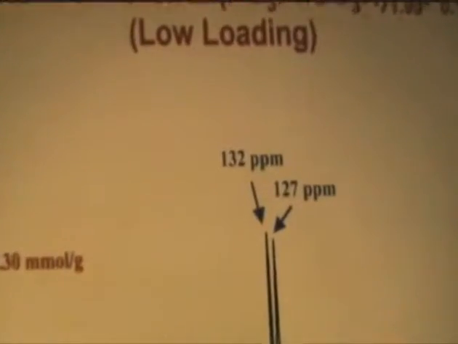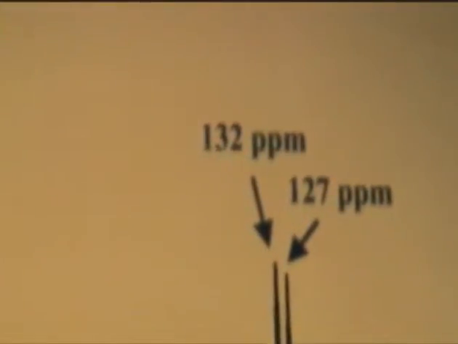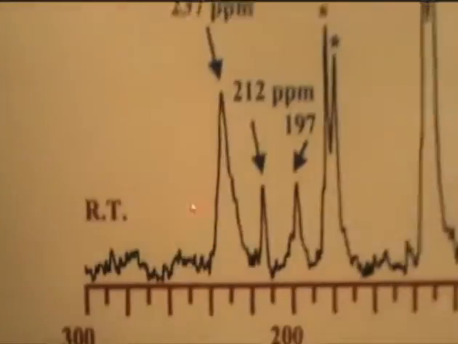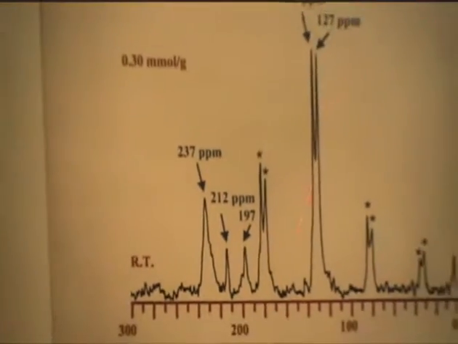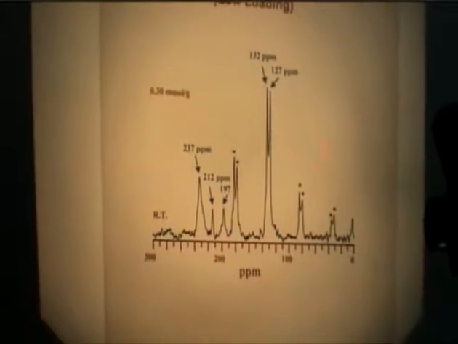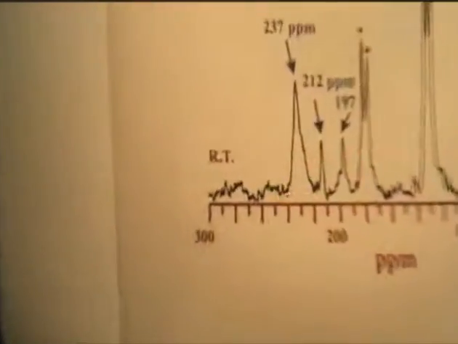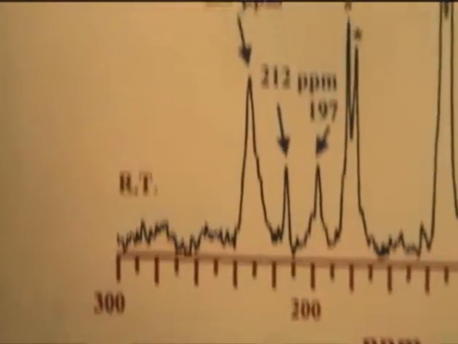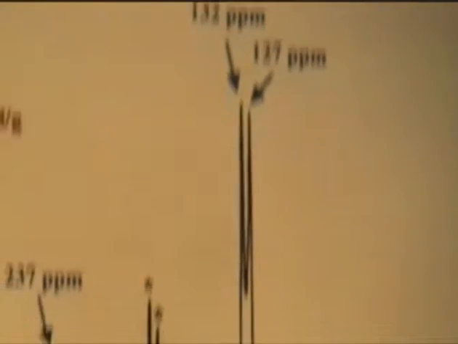What happens to the peak that was at 243 is it starts moving down this way, because in the polymerization you create water, and the water starts being picked up by the sulfonic acid, so it's shifting back to less acid. So you really want to do this reaction so that you keep water away from the sulfonic acids.